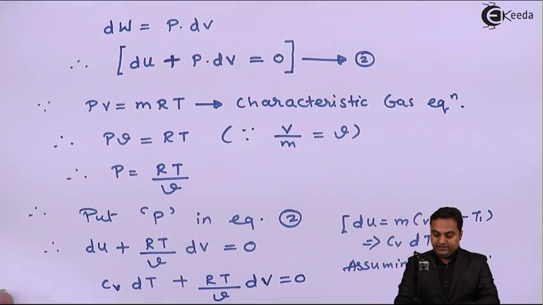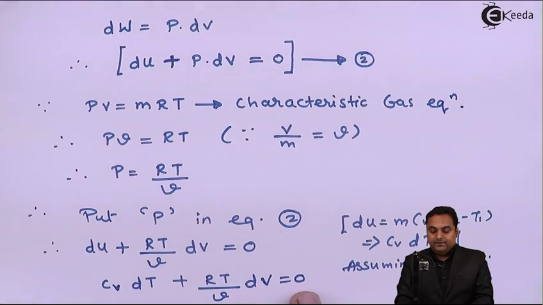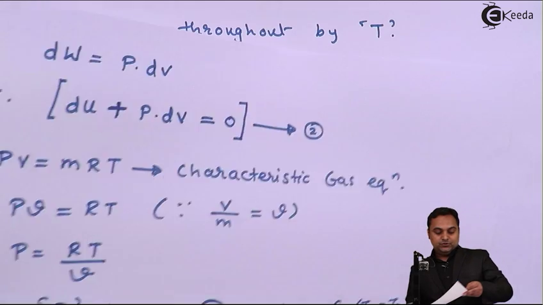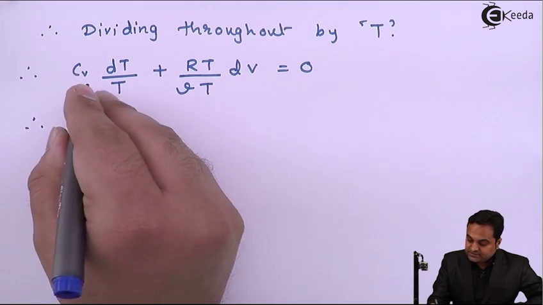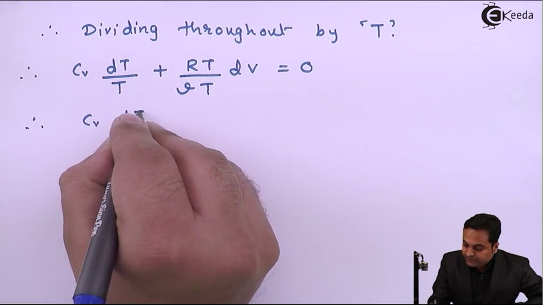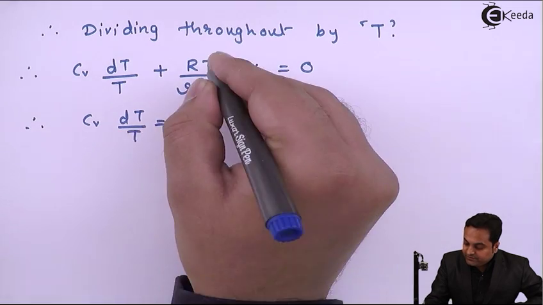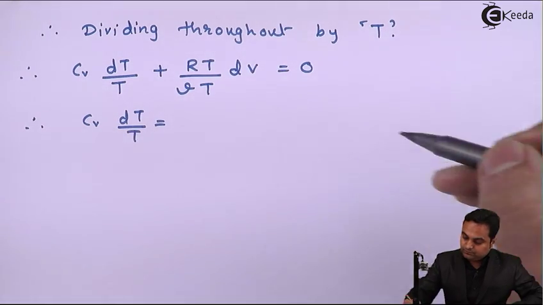Here we are dividing by T, and 0 divided by T is 0, so it will remain as it is. Next, Cv into dT by T will remain as it is. Here T and T will get cancelled out.